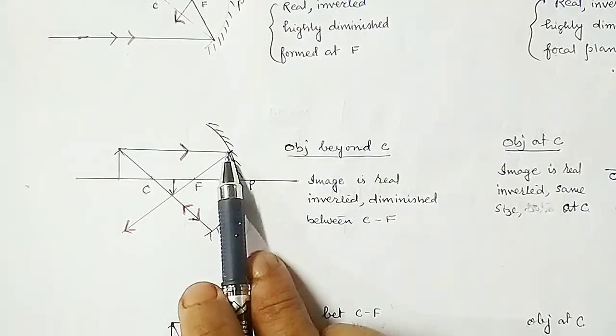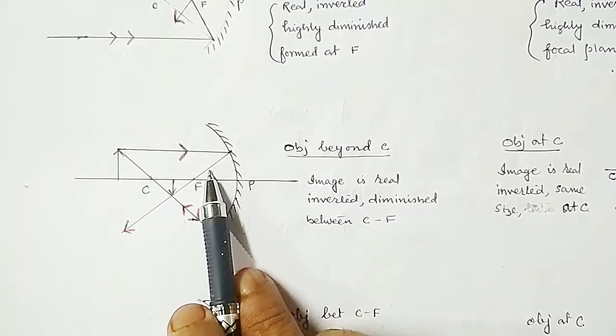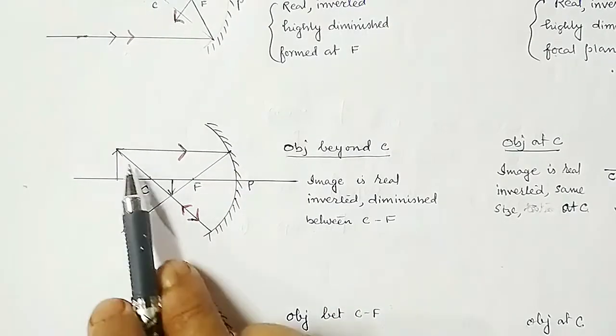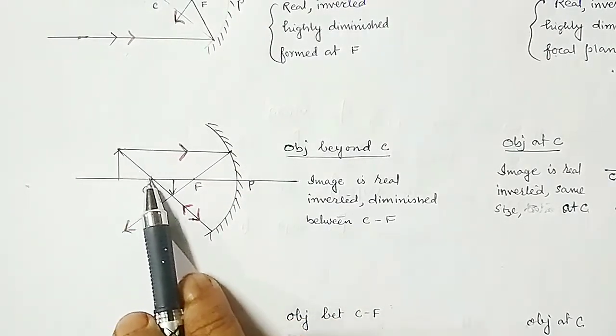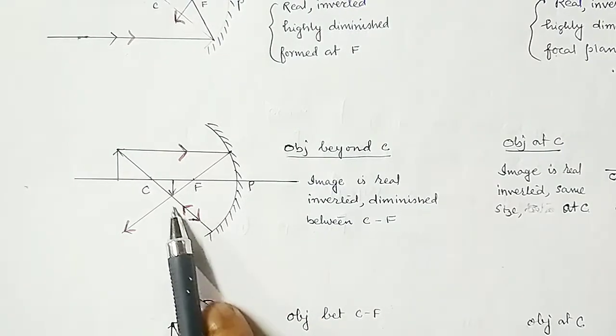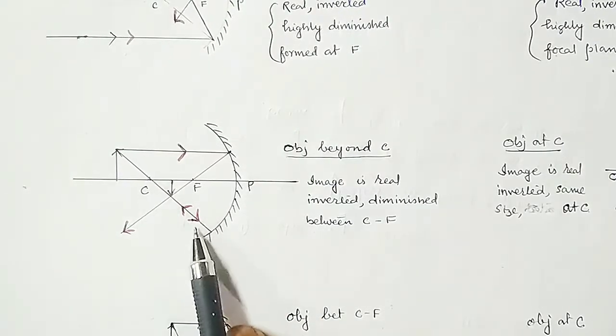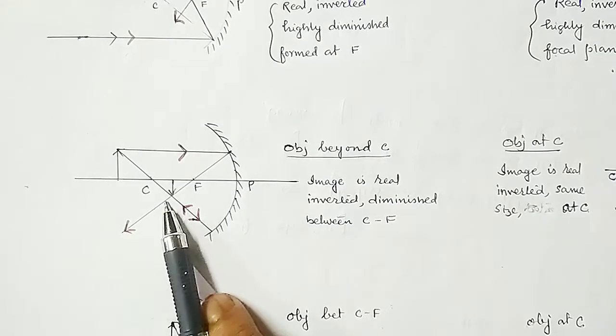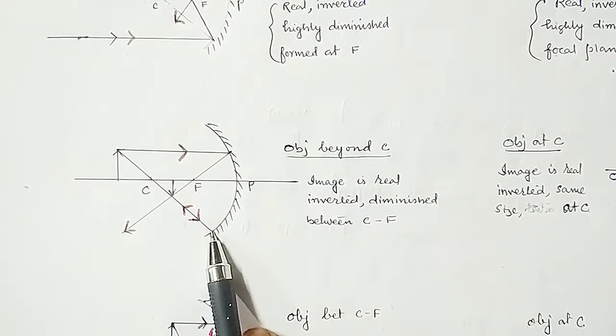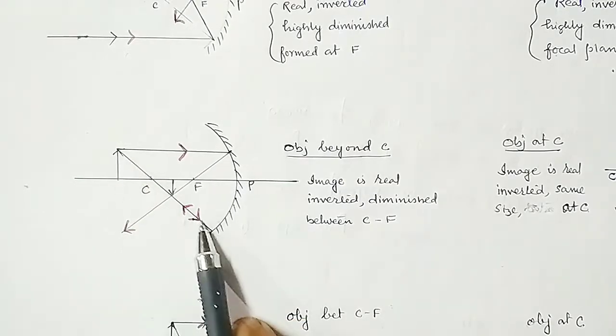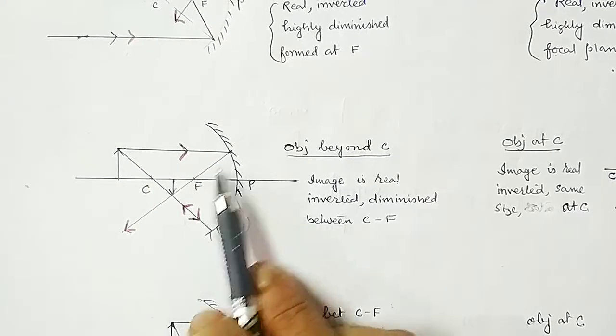So this ray after reflection will pass through the focus. Any ray which passes through C, it will rebound. That means any ray which passes through C, it retraces its path. So this ray after reflection from the mirror will move in the opposite direction. So this is one reflected ray and this is another reflected ray.